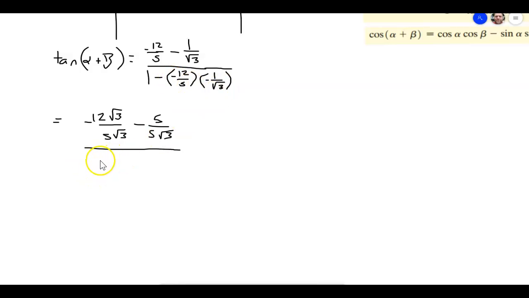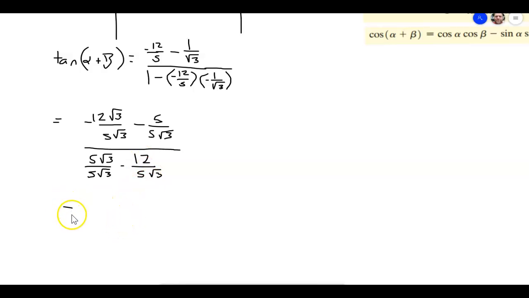So I'm going to turn that 1 into a 5 root 3 over a 5 root 3, because that's equal to 1, and I want a common denominator. This is going to be minus, going across the top, 12 times 1 is 12, all over a 5 root 3, because 5 times root 3.